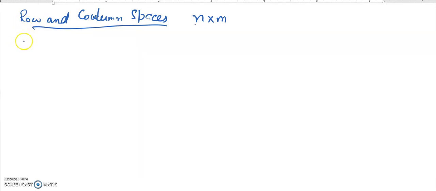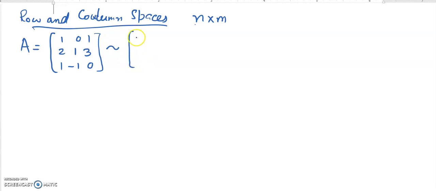The first example is this matrix. If we have a 3 by 3 matrix, 1 0 1, 2 1 3, and 1 minus 1 0, and then we apply row operations to convert it into row echelon form.